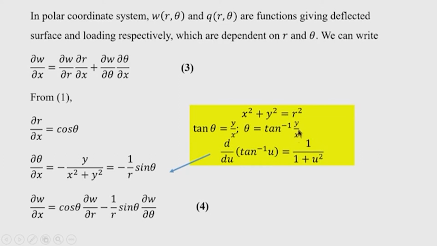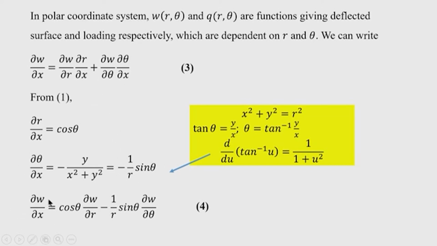Now, here u is y by x. So, substituting this, you will get del theta by del x equal to minus y by x square plus y square, and you know that x square plus y square is equal to r square, and y is equal to r sin theta. So, naturally del theta by del x will be minus sin theta by r. So, these two quantities we got in this equation.